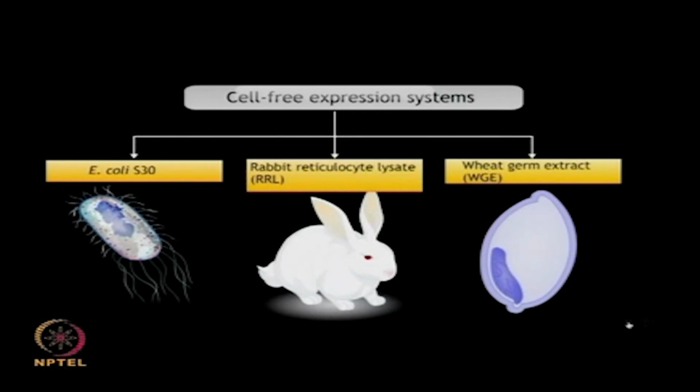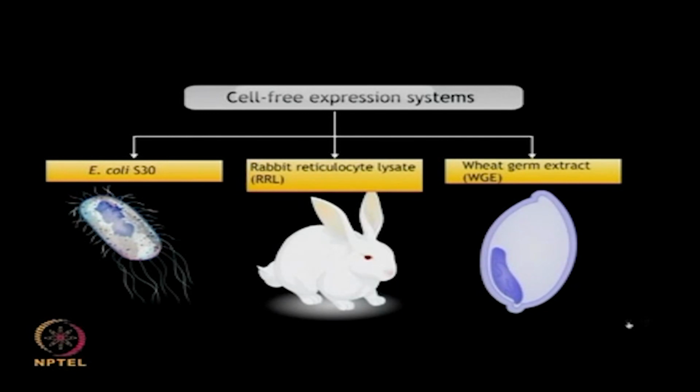Next, we will talk about rabbit reticulocyte lysate or RRL, a mammalian cell free expression system that also gives protein yield of around 6 mg per ml. This system is more suitable for expression of full length eukaryotic proteins from plant and animal sources that require proper protein folding and post-translational modifications.